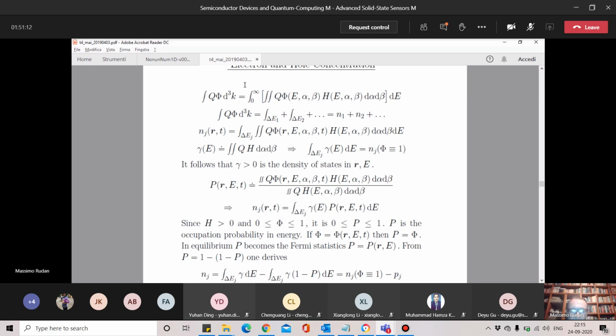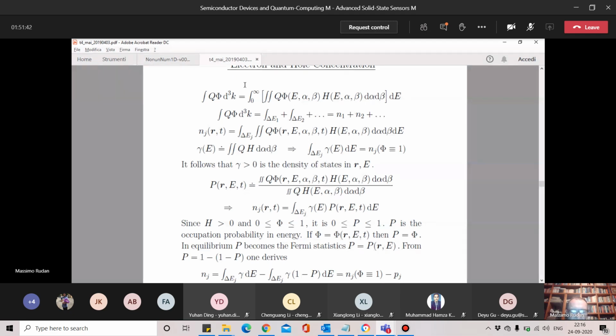So the ratio that is called P depends on energy, because we have saturated alpha and beta in the integration, and then it depends on R and T. So P is a quantity that is always between 0 and 1. So it can be thought of as a probability.